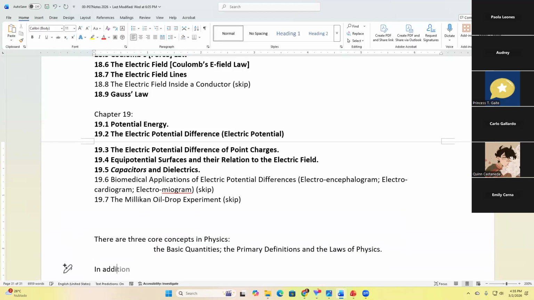In addition to that, there are also only 4 basic devices in electricity and magnetism, electronics.